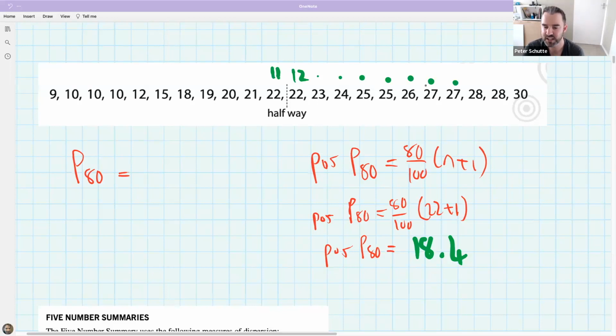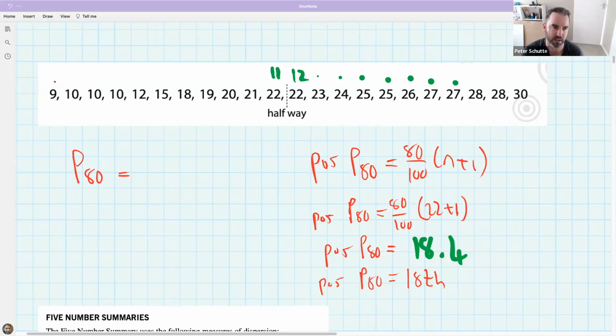Now, we're not going to average off. We're just going to go to the nearest position. And what's the nearest position for P80? It's going to be the 18th position. Now, that is a little bit different to what we did before, where we averaged them out. So let's go and find the 18th position.